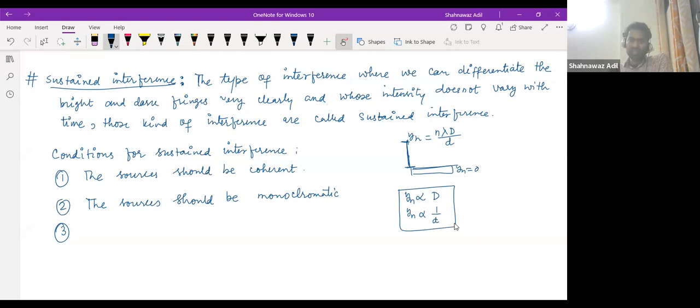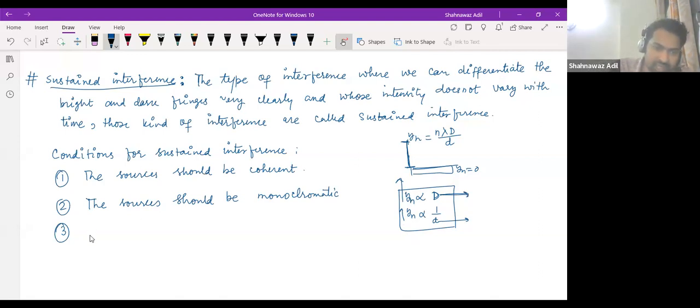So which thing should be smaller? Now we want to increase this value. If I want to increase this value, this D is the separation between the slits and the screen, right? So if I want to increase this, should it be smaller or larger? Increase, right?